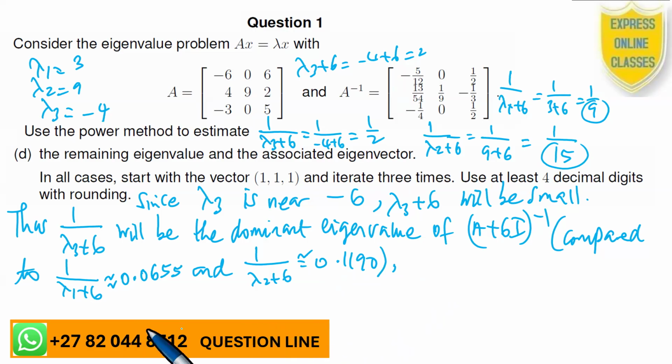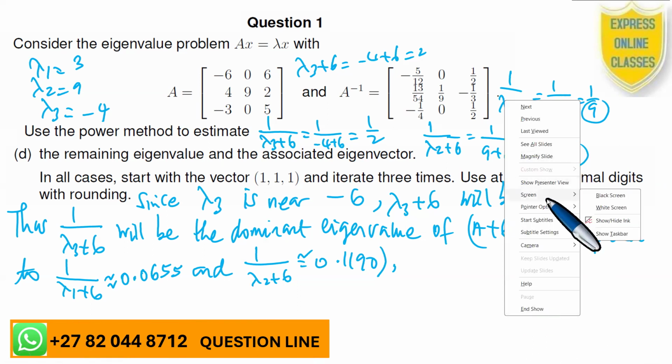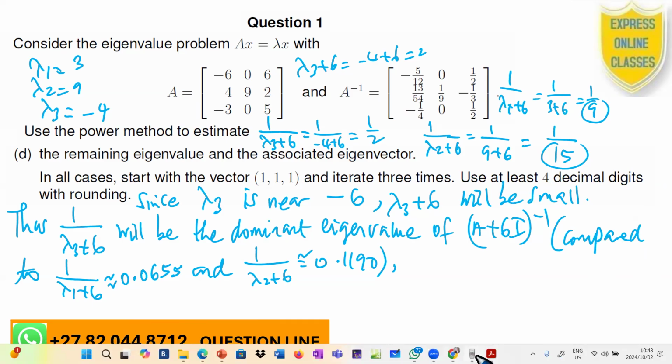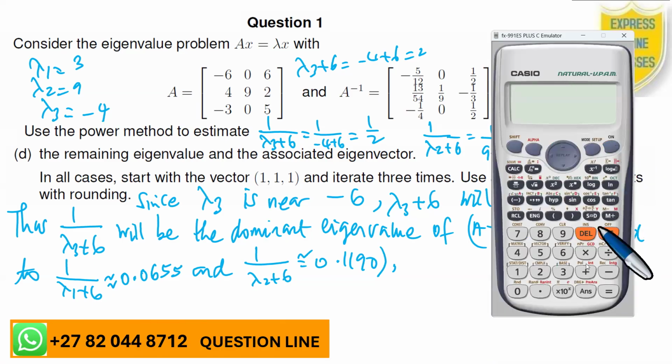Okay, let us analyze this. So lambda 1 plus 6 would be that one there. Let us bring a calculator here so that you can practice and make sure we understand this.